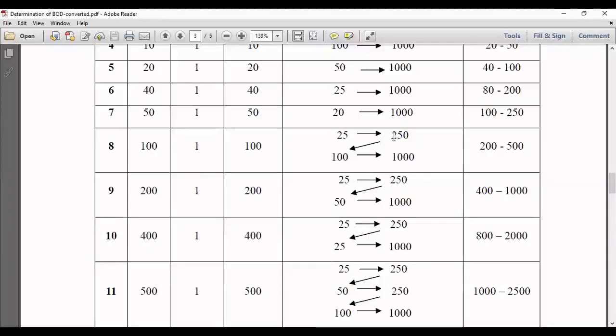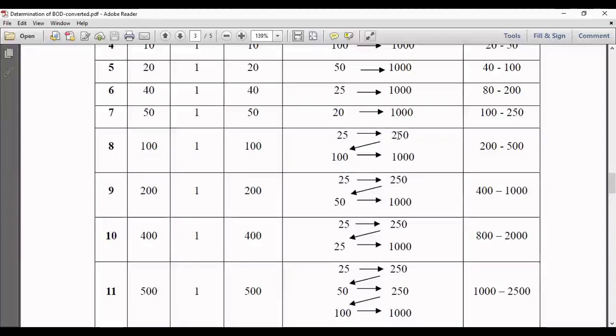From this measuring cylinder, we are going to extract 100 ml of the diluted sample using a measuring cylinder. We are going to add it to an empty 1000 ml measuring cylinder, right? And after addition, we are going to make the complete volume 1000 ml by adding 900 ml of distilled water. So what we have done is achieved the dilution factor of 100 in two steps.